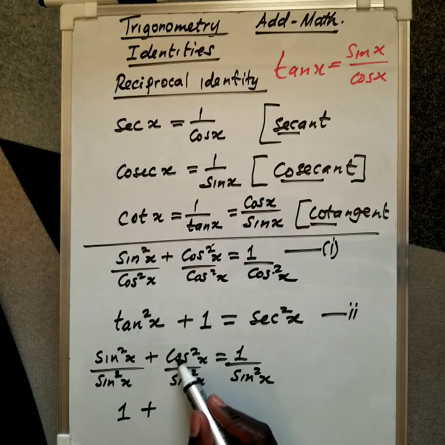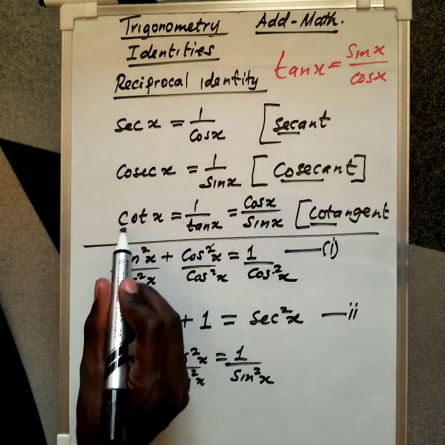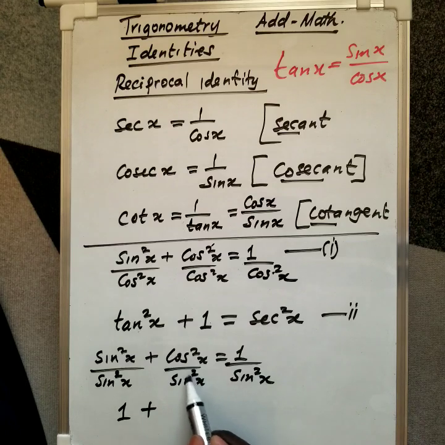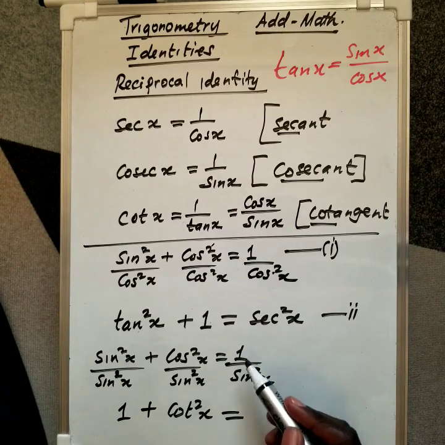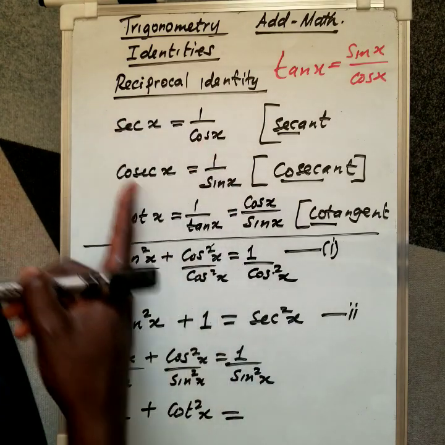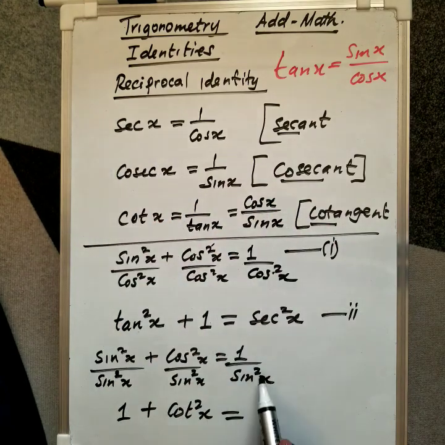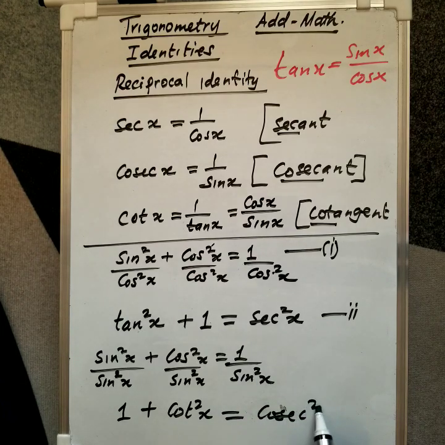Now cos over sine is cotangent, or cot, but because this is squared, it will be cot squared x. It is equal to, what about 1 over sine squared x? From the reciprocal identities, 1 over sine gives you cosec, but because this is squared, it is cosec squared x. So this is the third identity that you need to remember.